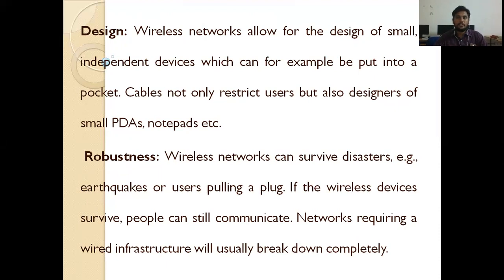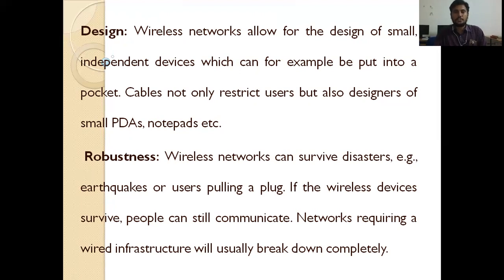It is a bit difficult task to establish wires in a disaster situation. There we can easily carry wireless communication devices and establish a wireless network to handle different disaster situations. So that is the main advantage, robustness.